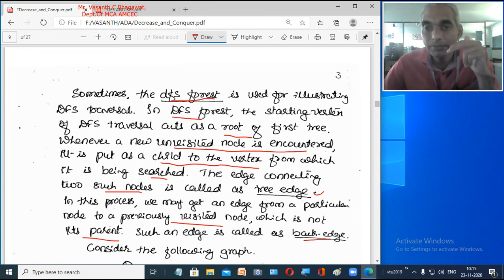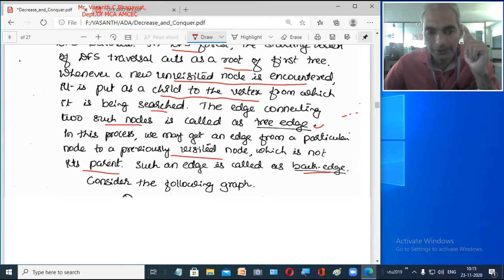If you get such a node, we connect it with a dotted line, and that edge is called a back edge. So there are two types of edges in your DFS forest when you construct an entire forest: one is called a tree edge and the other is called a back edge, right?